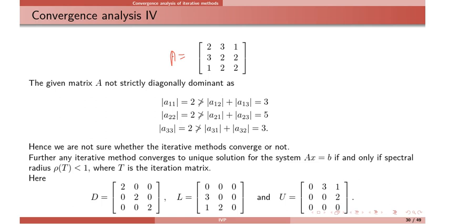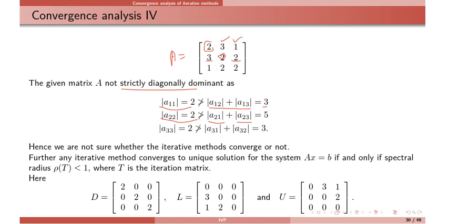You can check that this is not strictly diagonally dominant. Strictly means the mod of A11, which is 2, must be greater than the mod of the other entries in the same row. So this is not greater. For the second row, the diagonal entry A22, which is 2, should be greater than A21 plus A23, that is 3 and 2.